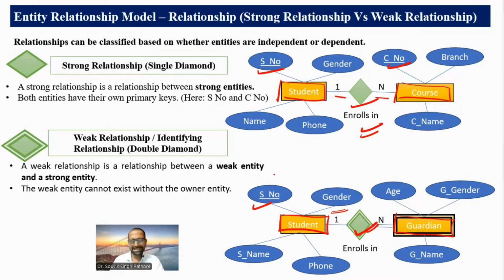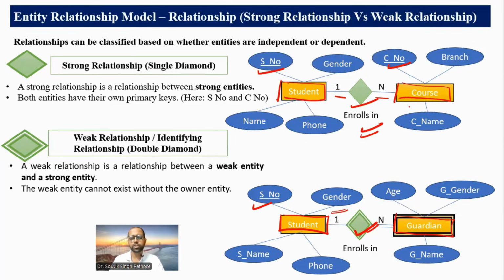So having seen this, what is the fundamental difference between a strong relationship and a weak relationship? In a strong relationship, the participating entities are independently identifiable. Here you can see the student and the course are independent entity types.